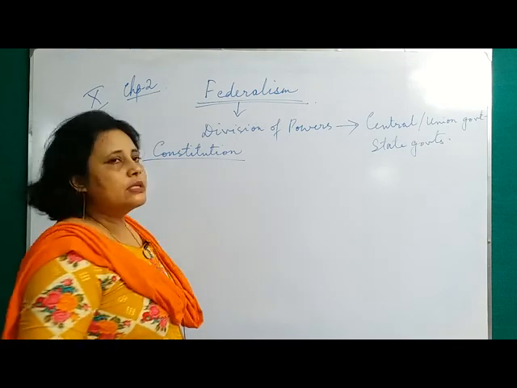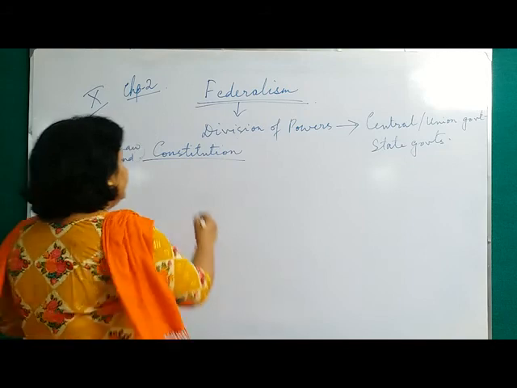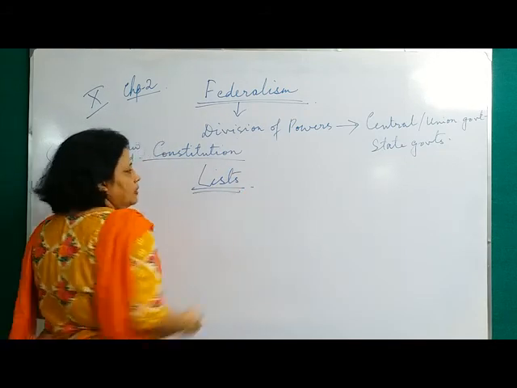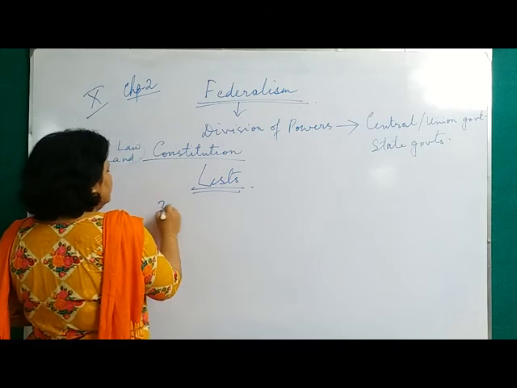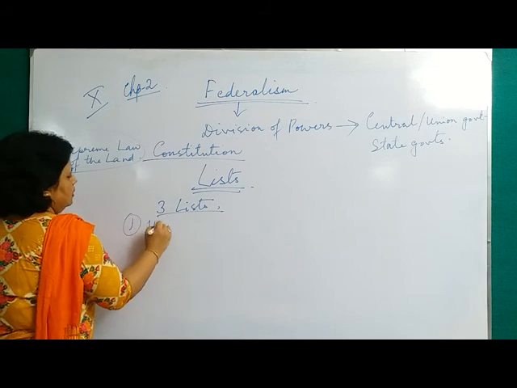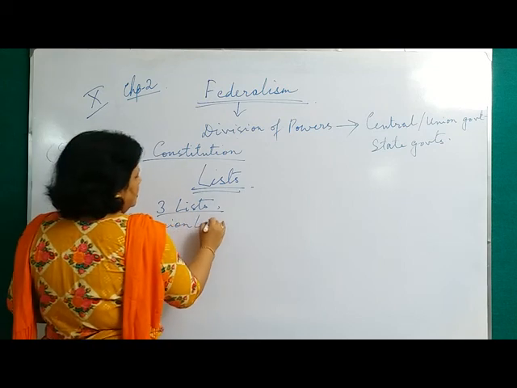How are the powers usually divided in a federation? The powers are divided in the form of lists. There are three lists. The first one is the union list.